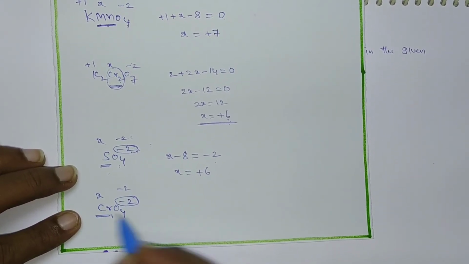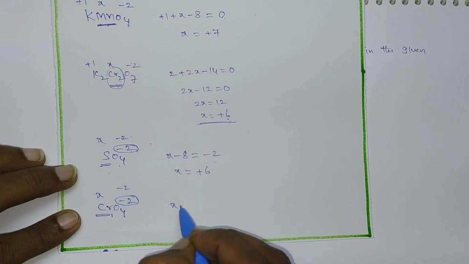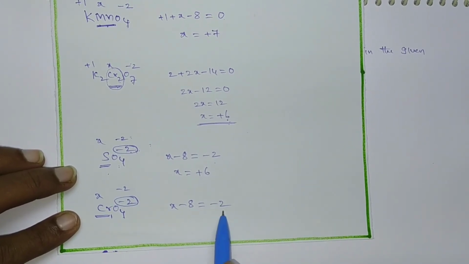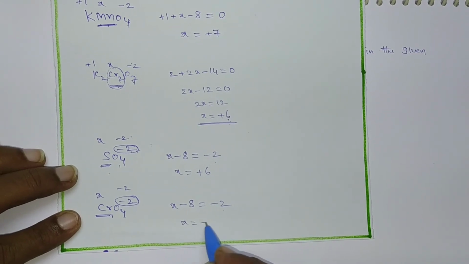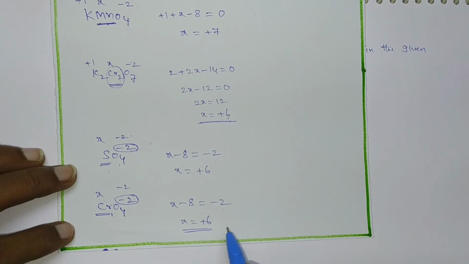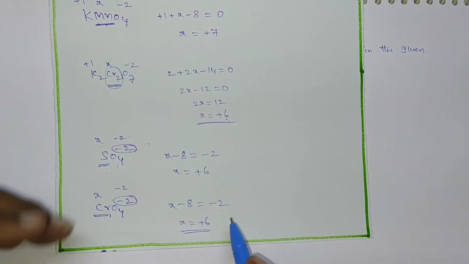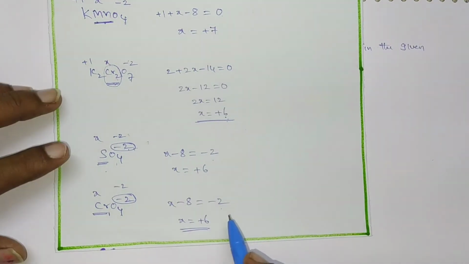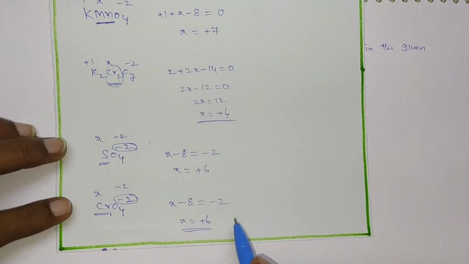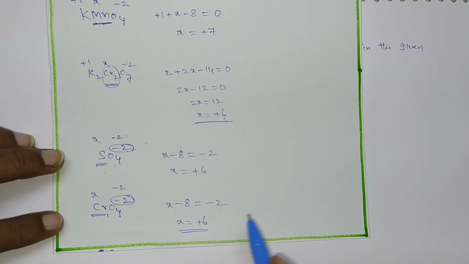So x into 1, x, 4 into -2, -8, should be equal to -2, the charge. So x is equal to +6, here also +6. In this way we calculate the oxidation state of an element, and some more tricks are there to calculate oxidation states. Let us discuss all those tricks in the next video.